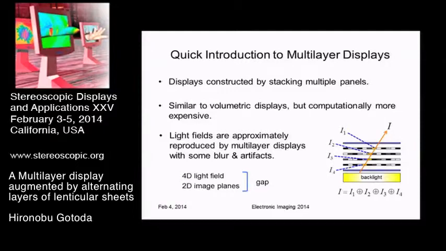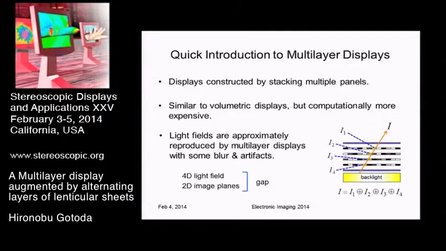It is not very simple to derive the images to be shown on each layer, so there's a vast amount of computation to determine what images to show on each layer.